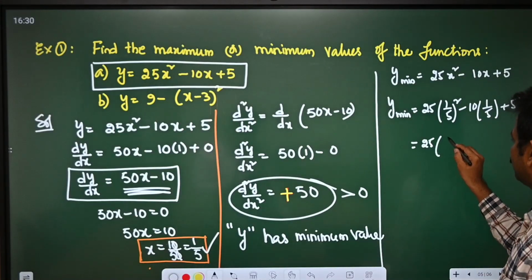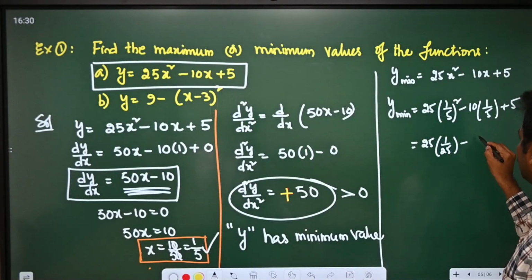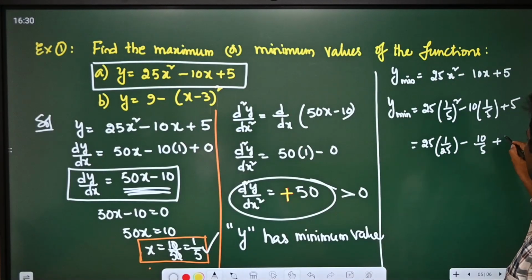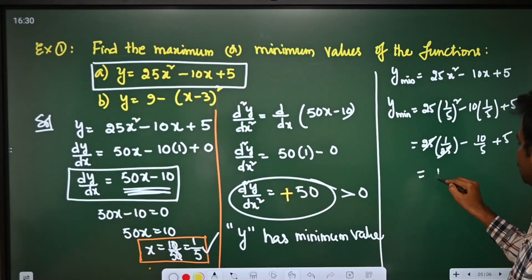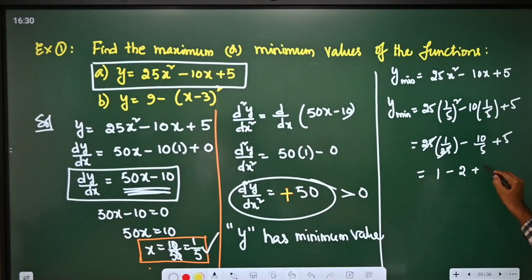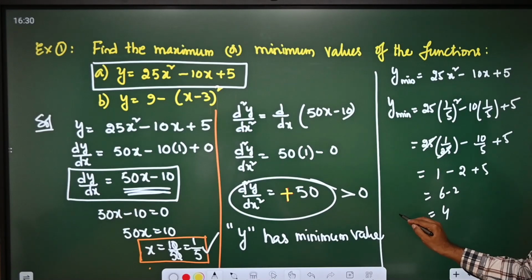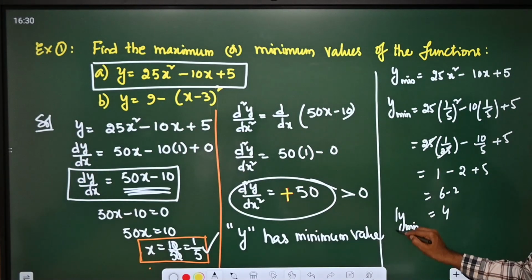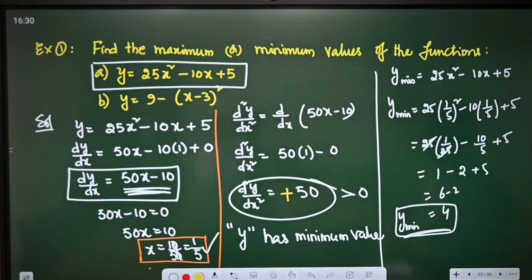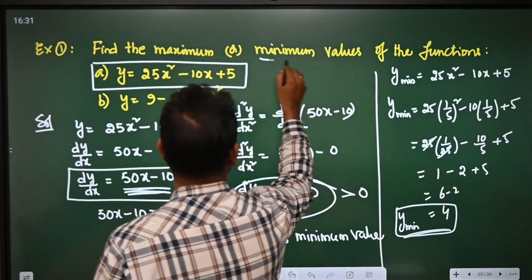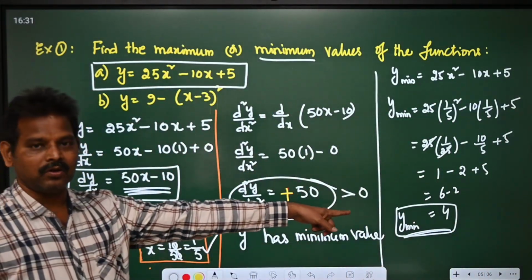This is 25 into 1 by 25, minus 10 by 5, plus 5. 25 will cancel. 1 minus 2 plus 5. 5 plus 1, 6 minus 2. So the minimum value of y for this given function is 4. So y has minimum value and its minimum value is 4.